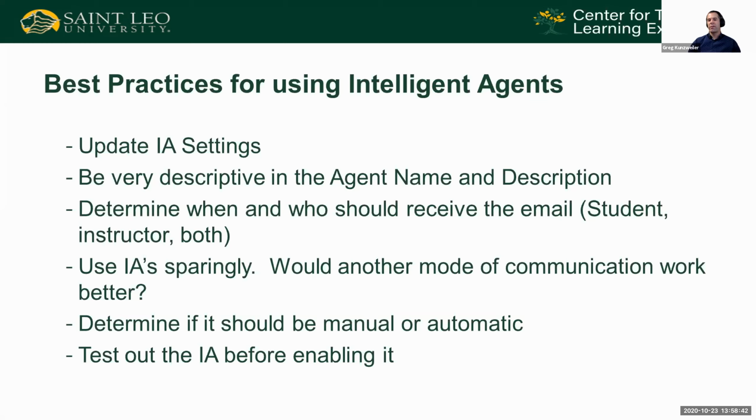Make sure you use them sparingly. Obviously we don't want to inundate the students with a ton of emails. So think about, is there a better way to communicate this? But sometimes there's not, and so maybe the intelligent agent works perfect. Determine whether you want it to be manual or automated. And then always test it out, run that practice test to make sure it's good to go from there.